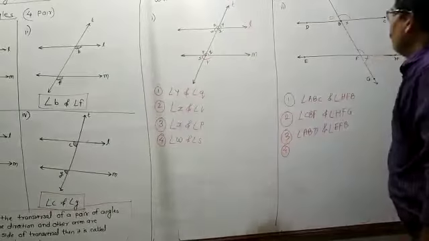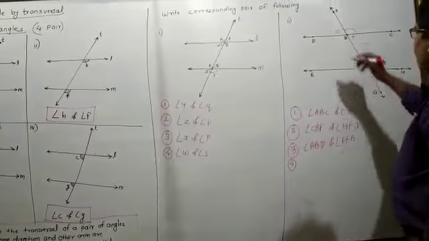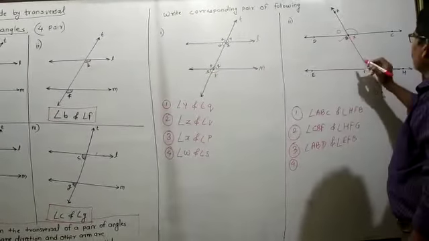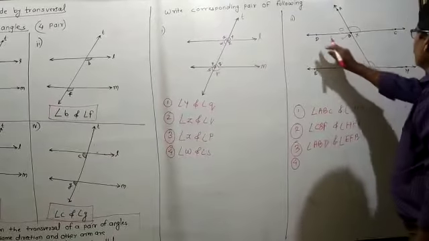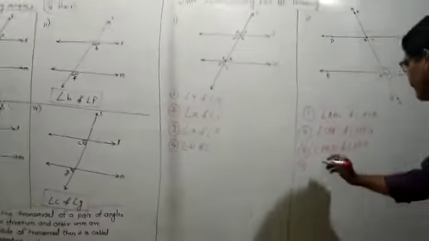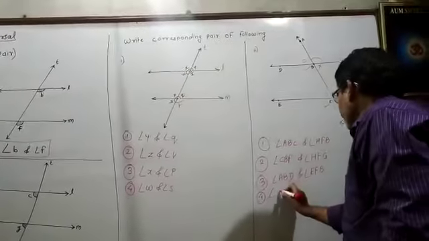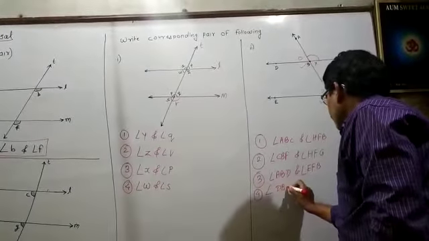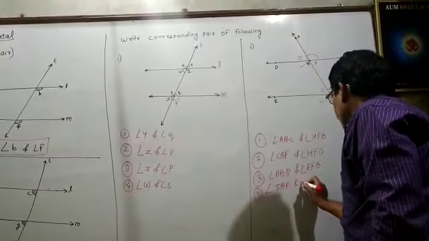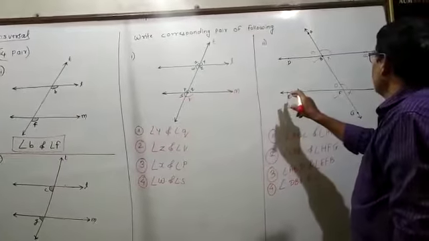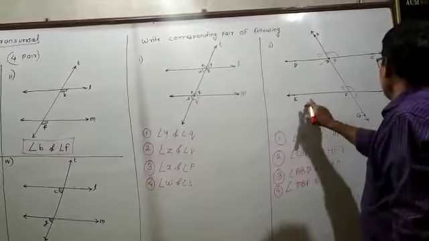You have to write the fourth pair of angles. This angle you have to say: angle DBF, and angle EFG.